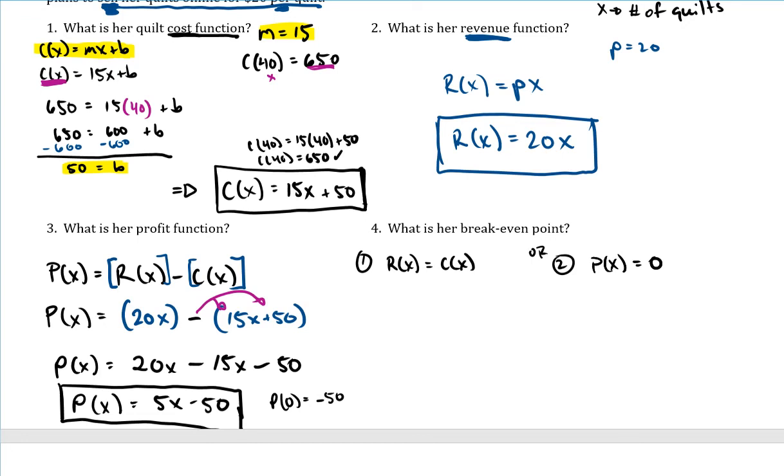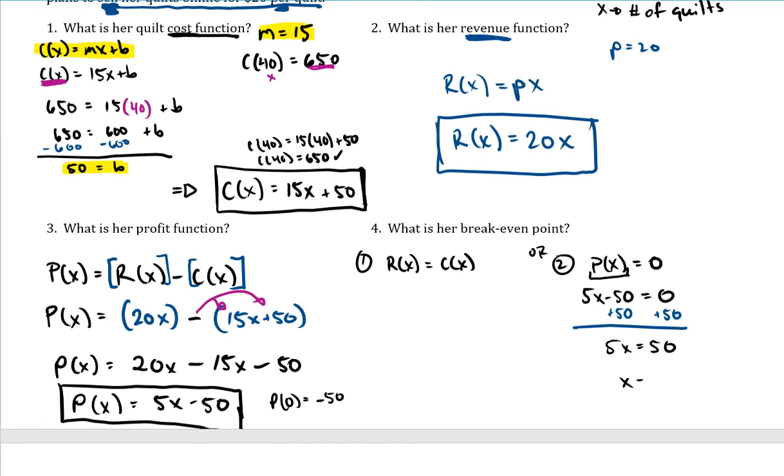Change the profit function and set it equal to 0. What we just found in the previous step, 5x minus 50, as the profit, set equal to 0, and then we add 50 to both sides.